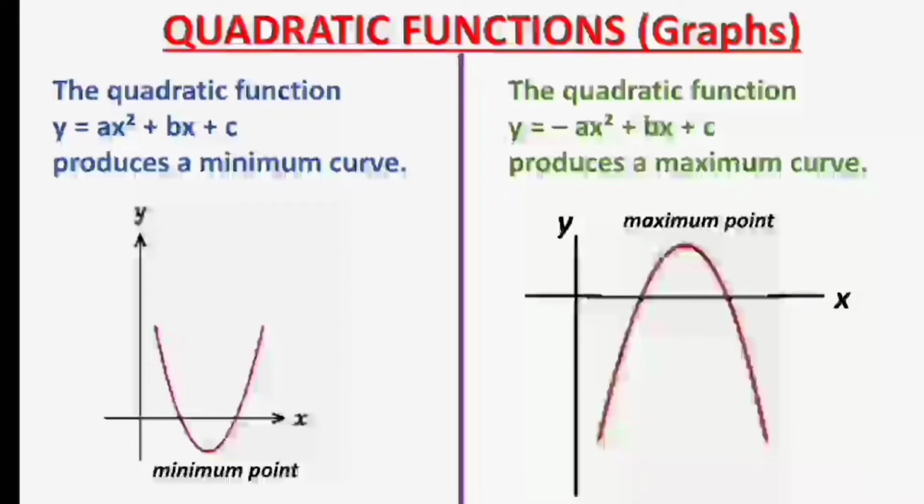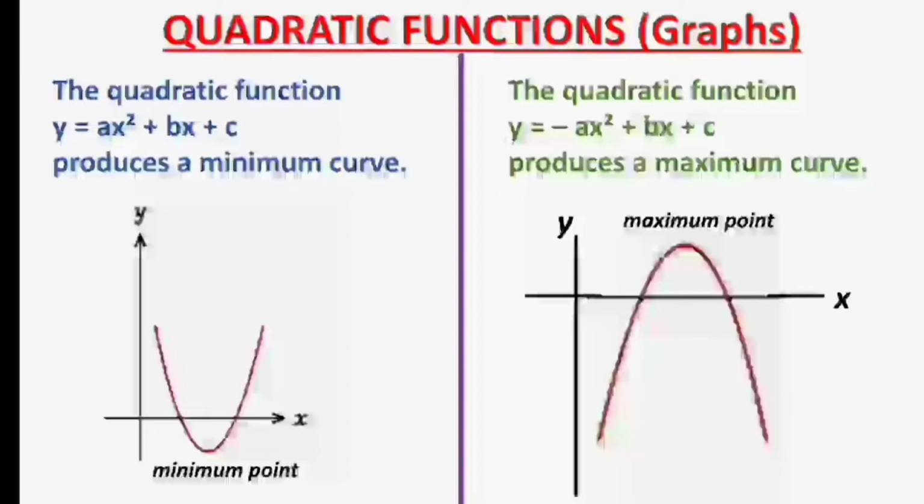Looking at the information on the left hand side, the quadratic function y equal to ax squared plus bx plus c produces a minimum curve. From the graph on the left hand side, we have a minimum curve having a U shape or a cup shape with a minimum point.